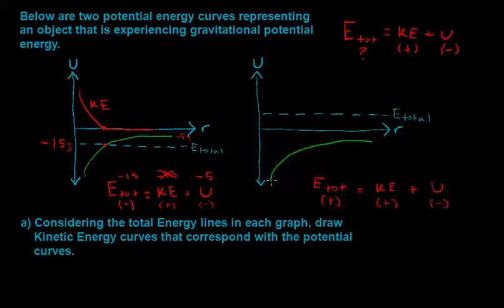So when the potential energy becomes closer and closer to zero, then our kinetic energy will come closer and closer to the total energy.